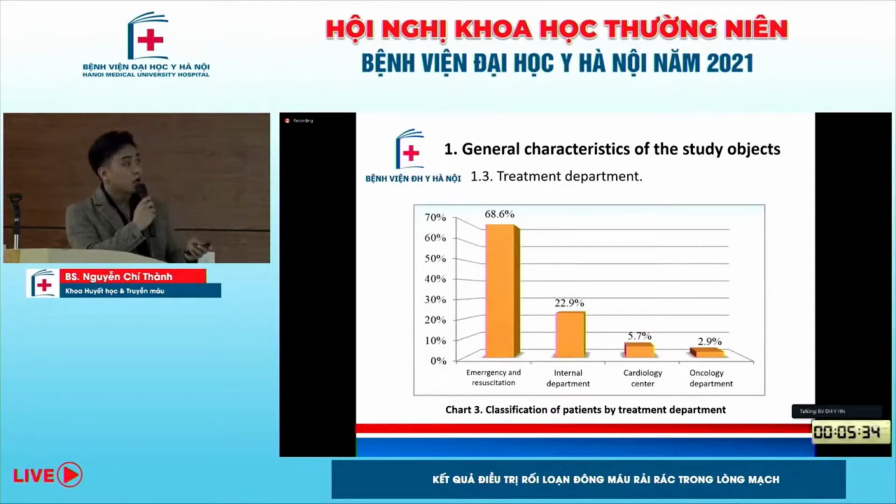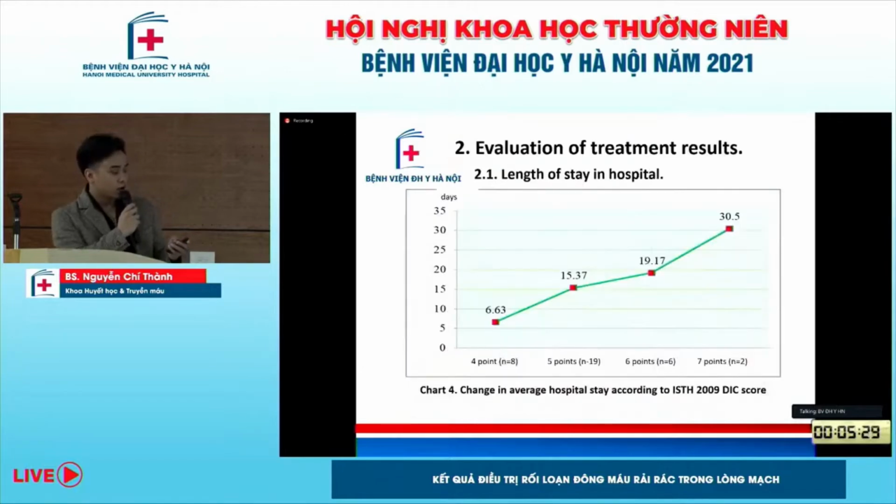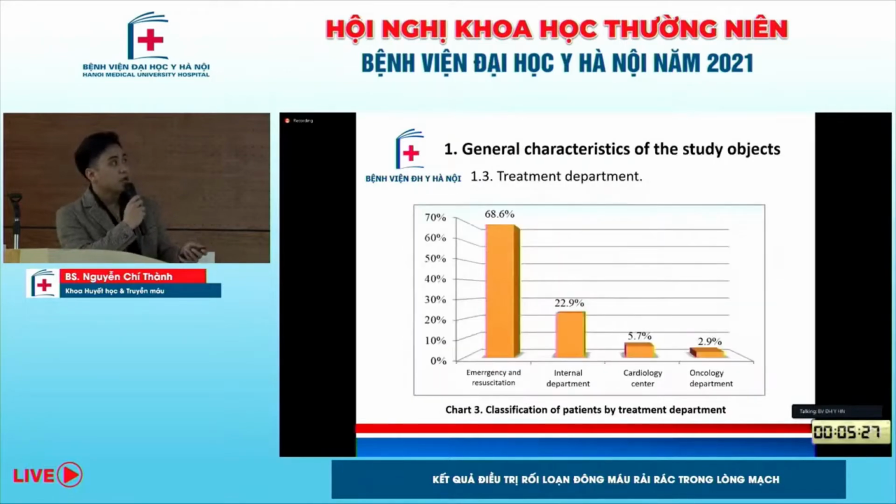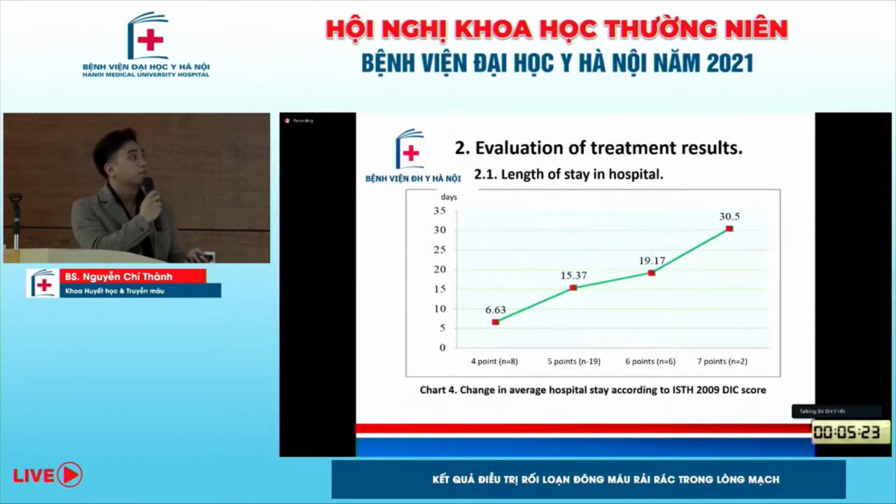Almost all patients at Hà Nội Medical University Hospital with DIC stay in the emergency and resuscitation department.